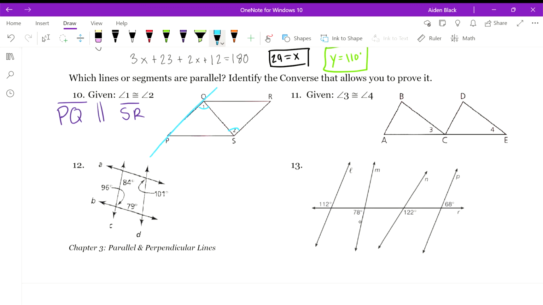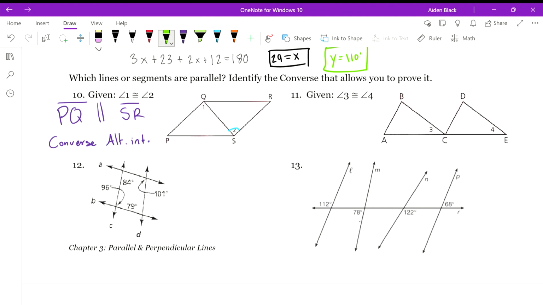Let's double check that. Yeah, those are alternate interior, so we would use the converse to prove the lines are parallel. Alternate interior.